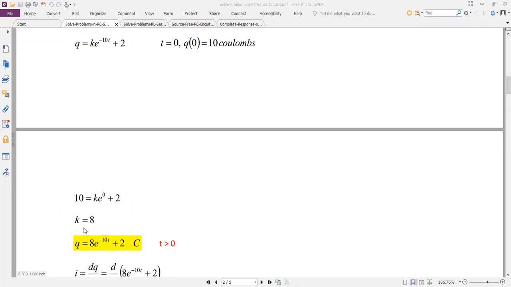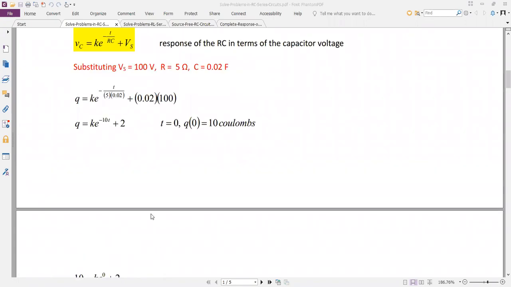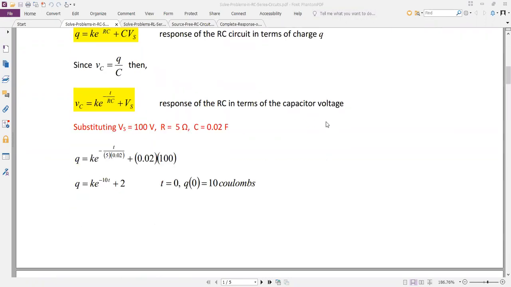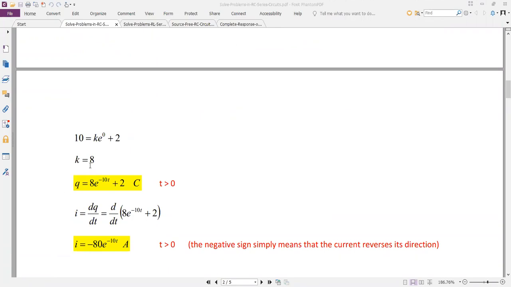So if you really only want the K, this 8 that you have here should be multiplied by the capacitance given in the problem, which is 0.02 farad. Okay, so there's something that needs to be edited here. This one should be K over C, and as such your K will be 8C, and the actual value will be 8 times 0.02.